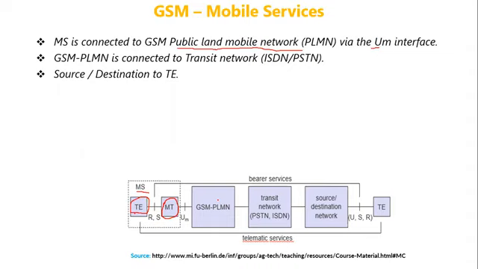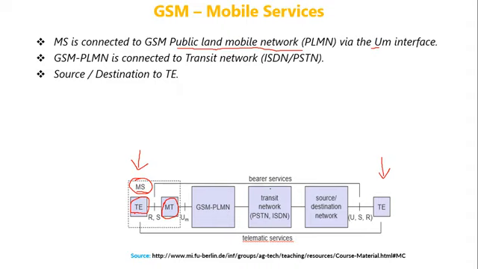This transit network in turn may connect to multiple source or destination networks, depending on where the destination mobile or destination equipment is available. It is like a call being established from one station to another. The station that creates the call is a mobile station, but the station receiving the call may or may not be a mobile station.